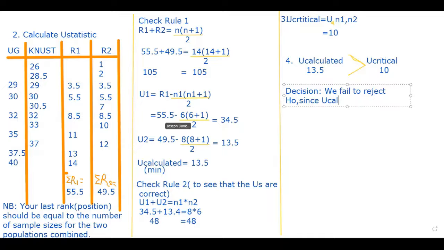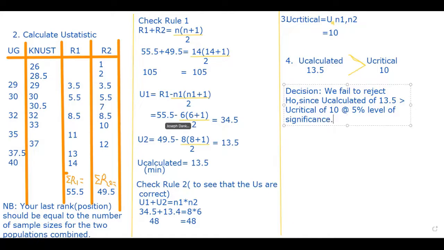Hence U calculated, 13.5, is actually greater than U crit of 10 at 5% level of significance.